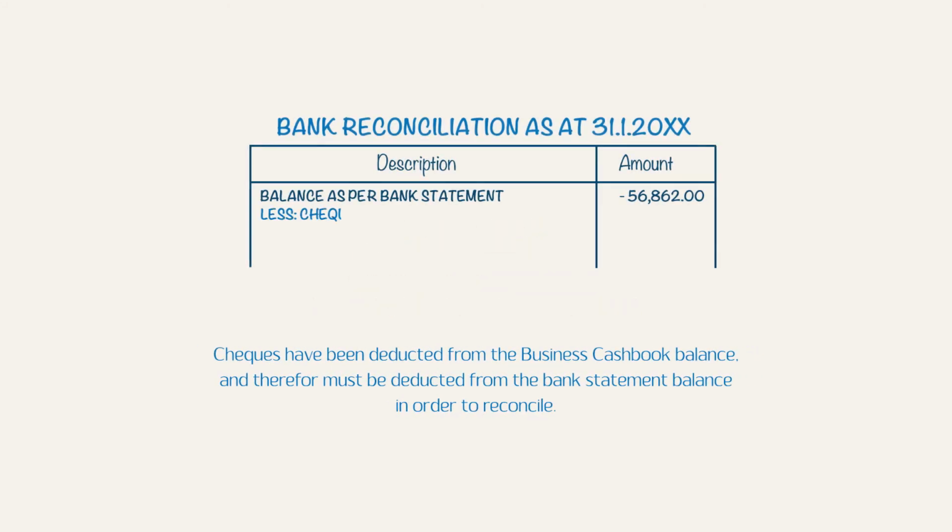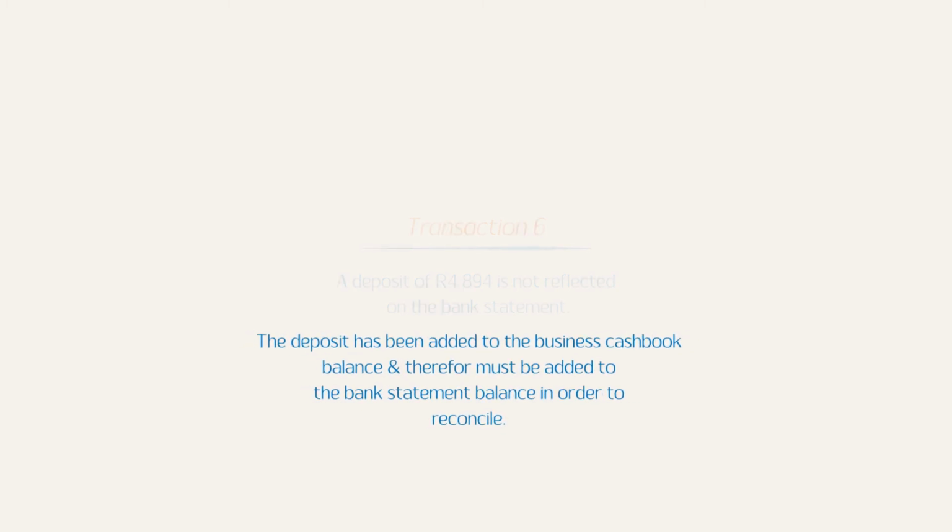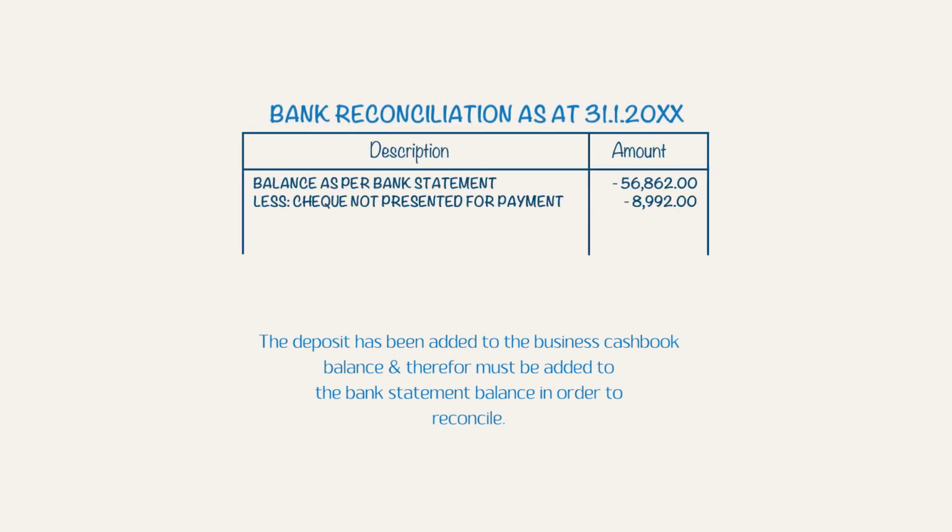Checks have been deducted from the business cash book balance and therefore must be deducted from the bank statement balance in order to reconcile. Transaction 6. A deposit of R4,894 is not reflected on the bank statement. The deposit has been added to the business cash book balance and therefore must be added to the bank statement balance in order to reconcile.